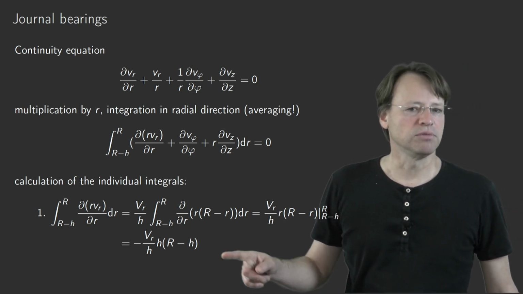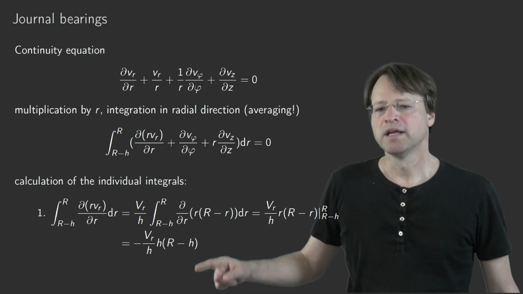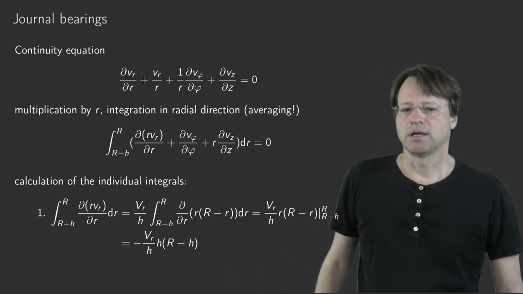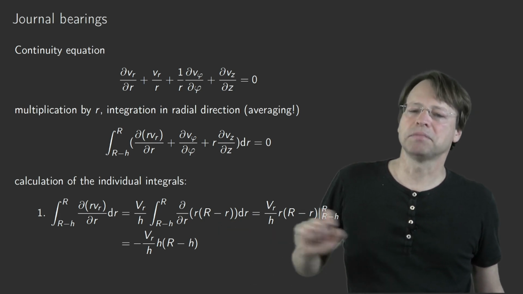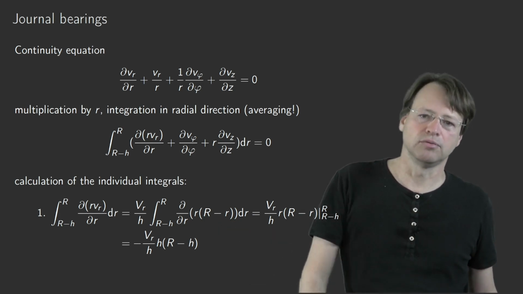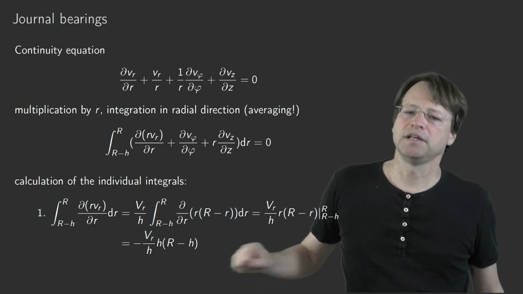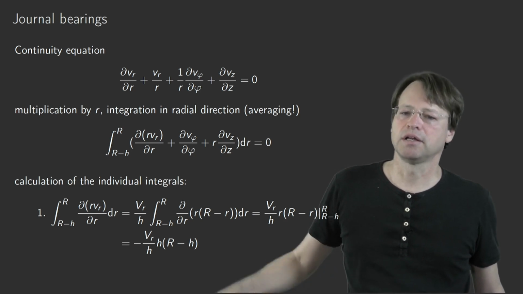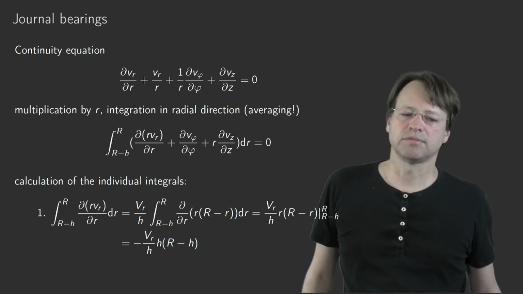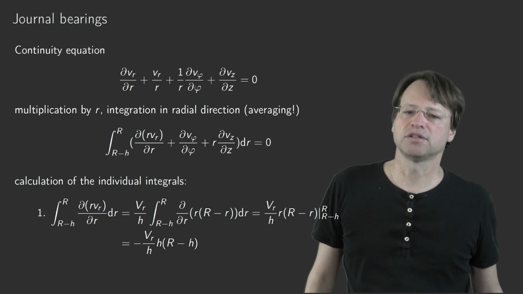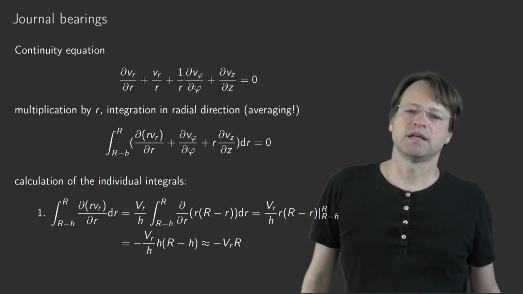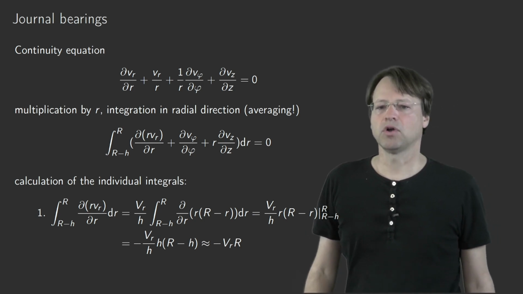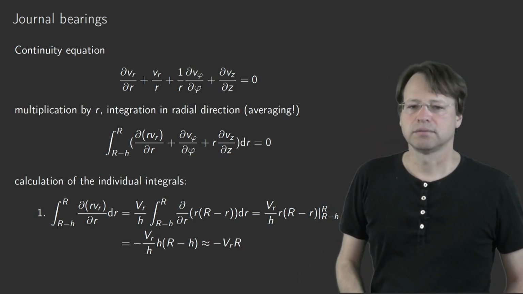Well, we can simplify that result. Again, we have a difference of capital R minus h, but R is much larger than this tiny little lubrication gap. So we replace the parentheses by capital R, and of course 2 times h here will vanish. So we have minus v sub r times capital R as the result here. Okay, first integral was quite simple.